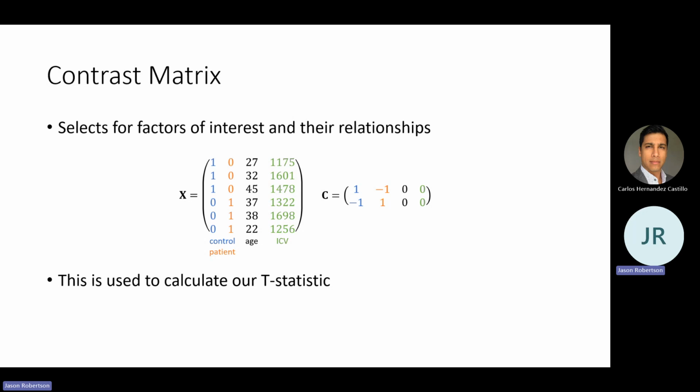A +1 would be a positive correlation, a -1 would be a negative correlation. You'd check those separately for significance. Same idea with the green column if you want to know if there's any correlation between ICD and our volume. But these 2 specifically I picked because we control for them.